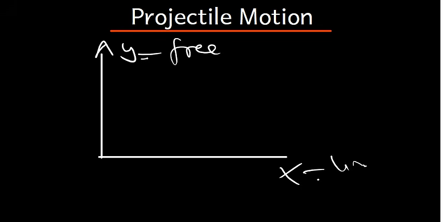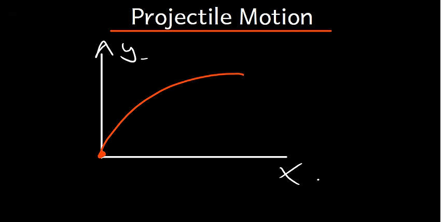Now, what is happening here is that when we're talking about projectile motion, an object is moving in both x and y direction. Perhaps you have seen, maybe this is a ball, you throw it in this direction. As you can see, this object is moving in both x and y direction. Does that make sense?